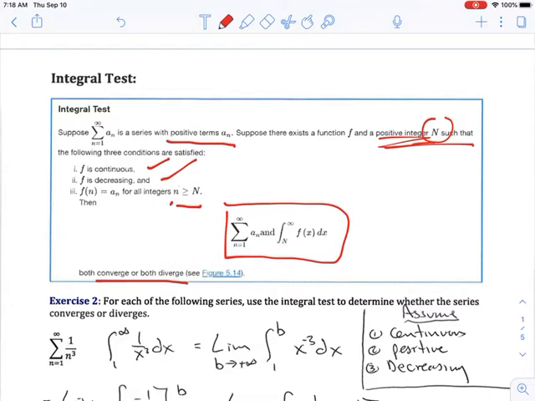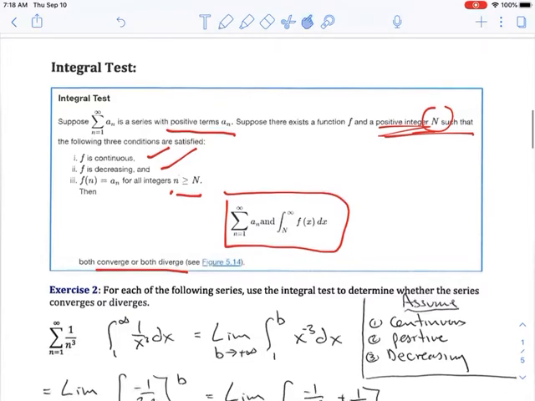So the function is equal to the sequence. We're just replacing the n's with x's. And then we are going to integrate the function. And if that integral converges, then the series converges. If the integral diverges, the series diverges. That's the basic gist of the integral test.